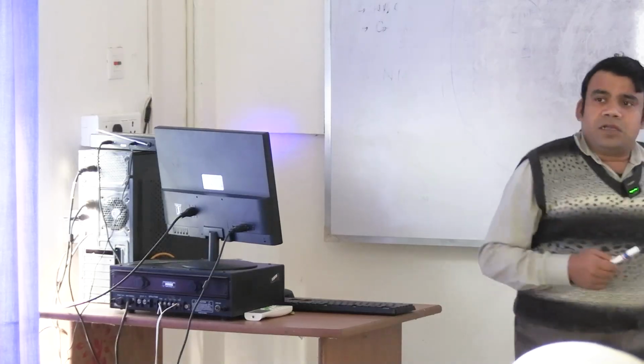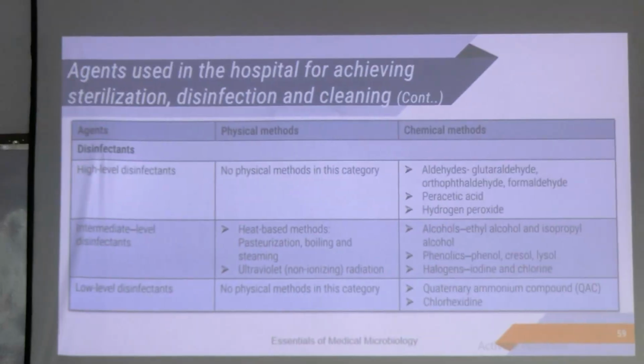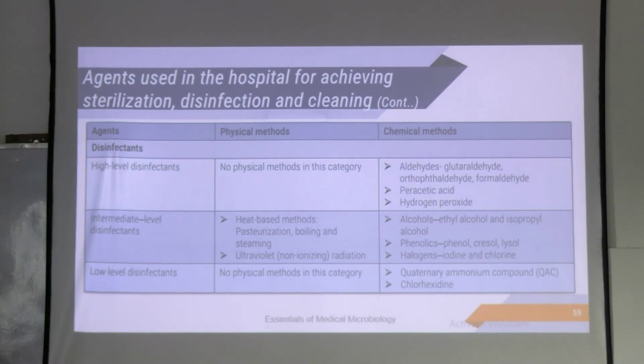Now, coming to the types of disinfection, if you look at this chart, the disinfectants have been divided into 3 types: high level disinfectant, intermediate level disinfectant, and low level disinfectant. What you have to understand is the basis of this classification. The basis is simple. Not everything can be sterilized.